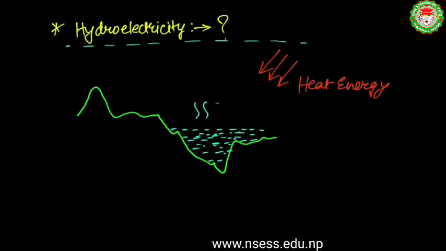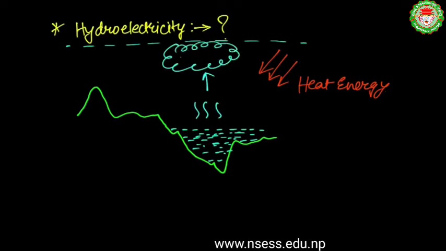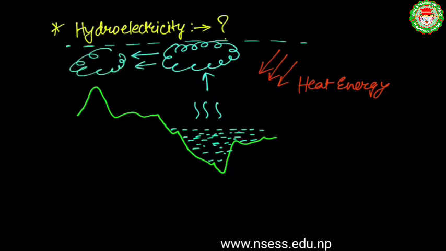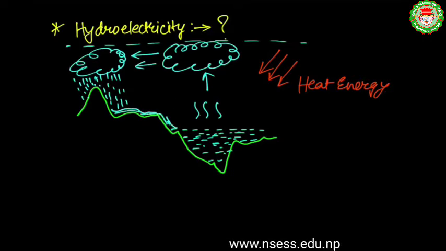Now when the heat provided by the sun is absorbed by the water, it gets heated up, and in the form of vapor it reaches a certain height in the sky, forming clouds, and this cloud will be moved from one place to another by the action of air, and while moving, the droplets inside the cloud become heavier, and when it becomes heavier, it again falls in the form of rain to the surface of the earth, and wherever the water reaches the surface of the earth from highland, it again gets reserved, it again gets accumulated in the same sources of water.